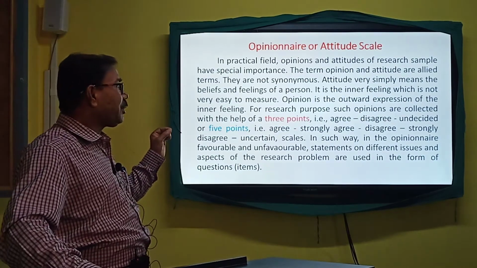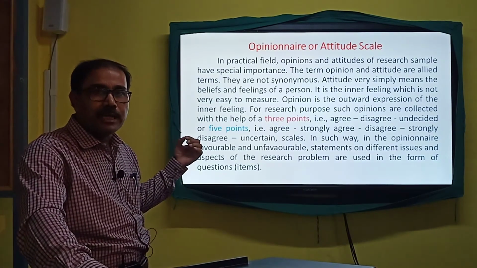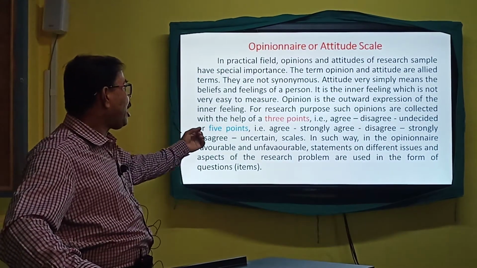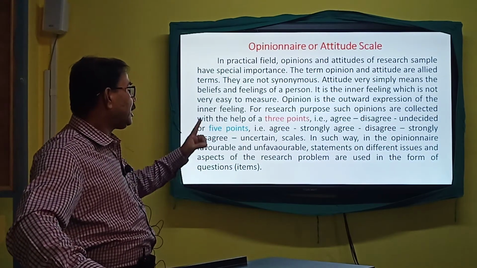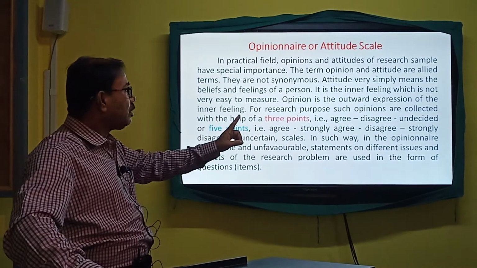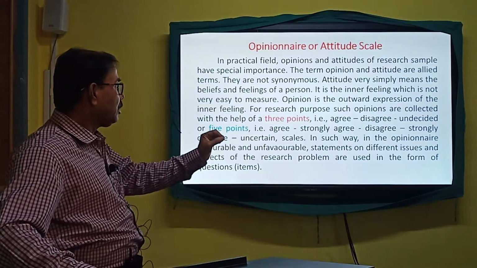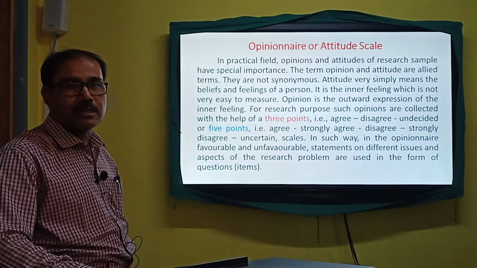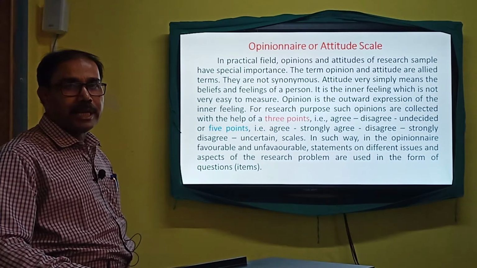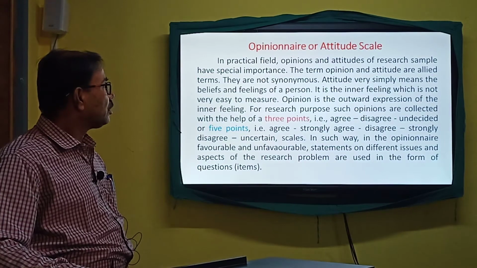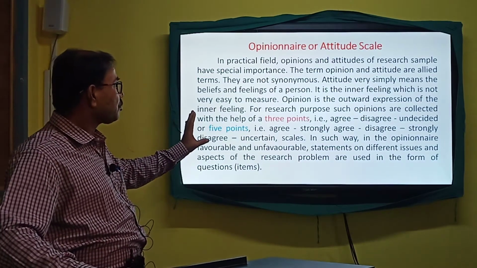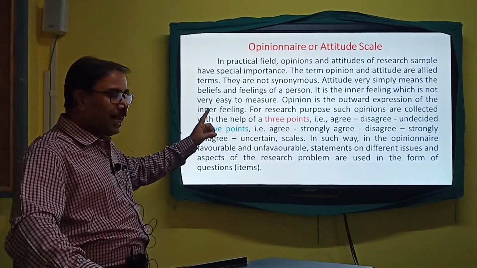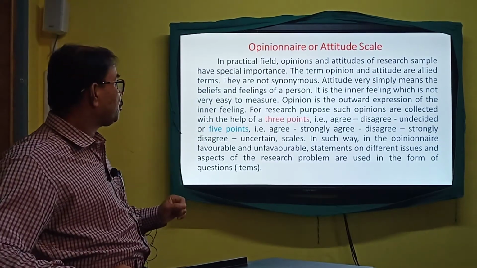After the collection of the opinions, we can quantify the opinions depending on the 5 point scale. That is, agree, strongly agree, disagree, strongly disagree, uncertain. So friends, for the quantification of the opinions, we can depend on these 2 specific categories of scales.